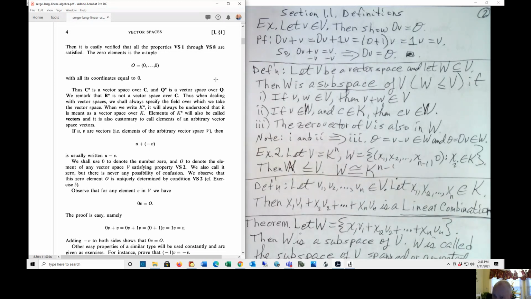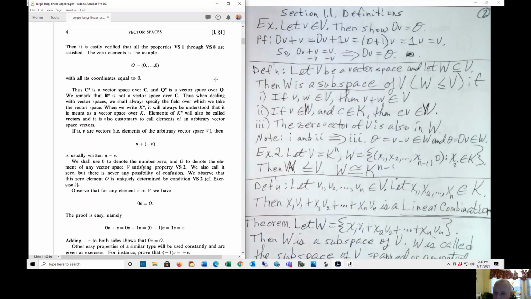V equals the scalar 1 times V. So you have 0V plus 1 times V. Then we employ the distributive property for scalars, and we take out the vector V, in parentheses 0 plus 1V, and then of course you know 0 plus 1 is 1, and axiom 8 tells us again 1V is V. So you have 0V plus V is equal to V. So then if you subtract V on both sides, you have now proven that the scalar number 0 times the vector V equals the 0 vector.